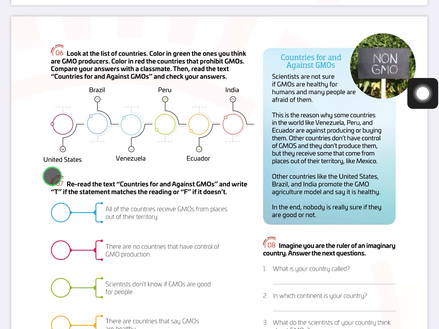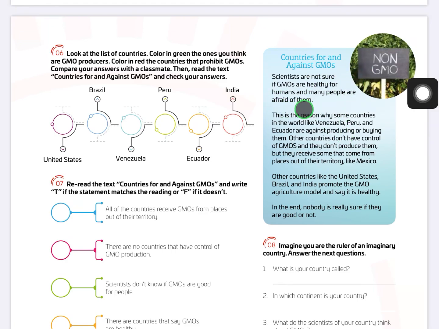But if you think that it is prohibited to create GMO production, you are going to color this little circle in red. The same thing you are going to do with United States, Brazil, Venezuela, Peru, Ecuador, India. Yes? Then you are going to read these countries for and against GMOs.